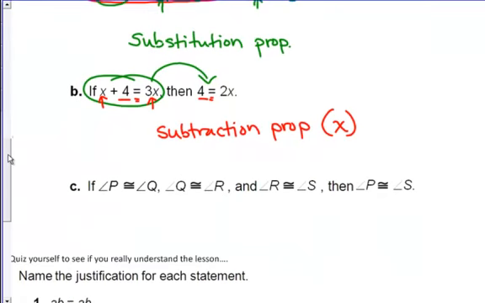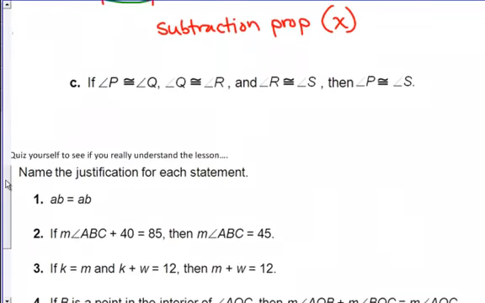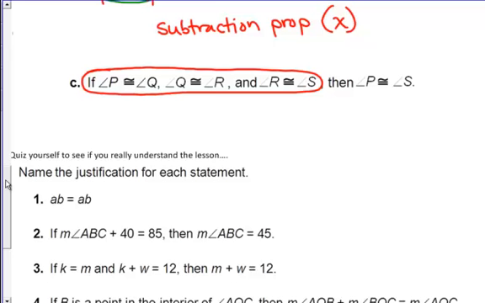Letter C. If angle P is congruent to angle Q is congruent to angle R, and angle R is congruent to angle S, then the conclusion is P is congruent to S. Something's happening with all of this in order to simplify it and just say this.